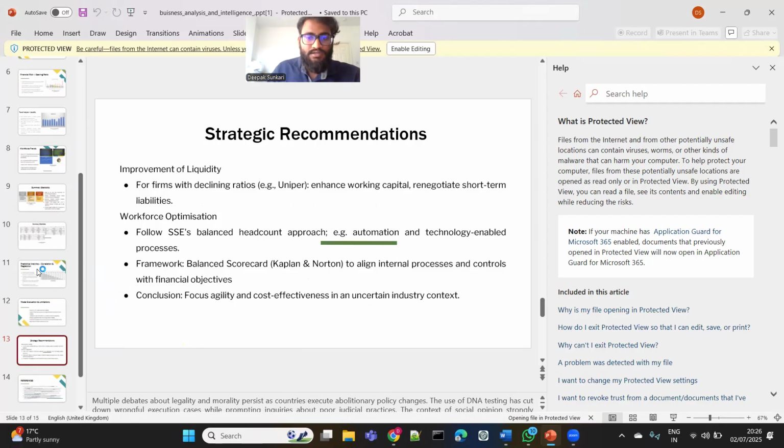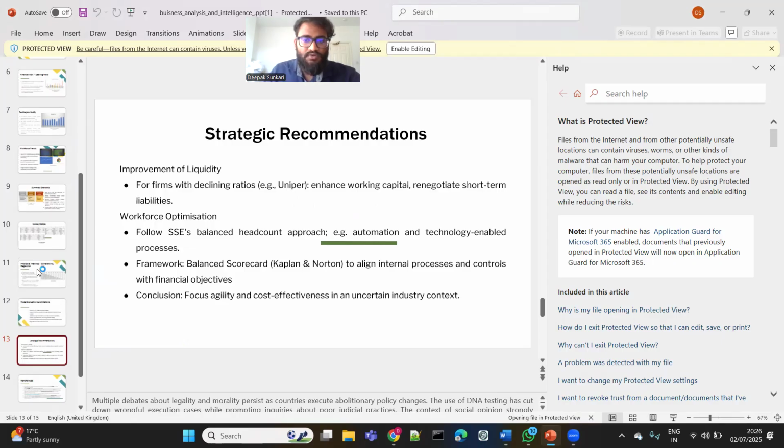Here come the reliability and limitations of the model, where the improvements are liquidity ratio and workforce optimization.